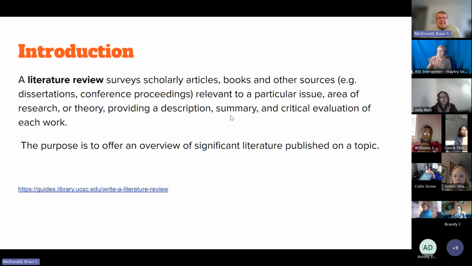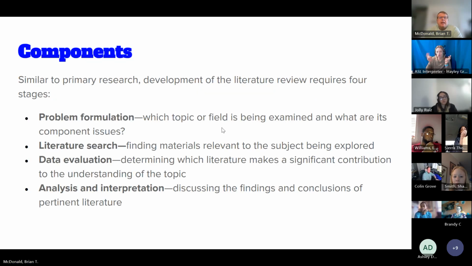That's sort of the academic definition of what a literature review is. What are the components? I bolded those components. I like to go down to this one, analysis, interpretation. It's what you're using to help prove your thesis, help answer your research question. I like all four of those, but I land on analysis and interpretation.